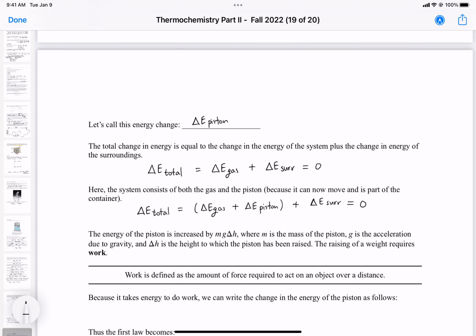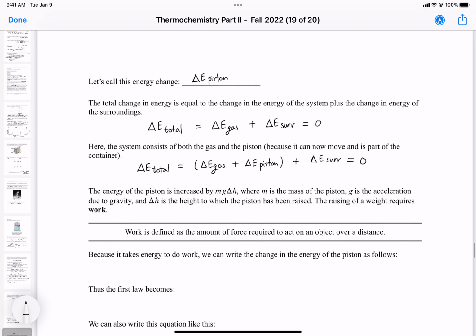So, picking up maybe a jug and raising it to a certain elevation, that's going to require work. So work is a force over distance. So it's actually a unit of energy. So because it takes energy to do work, we could write the change in the energy of the piston like so.